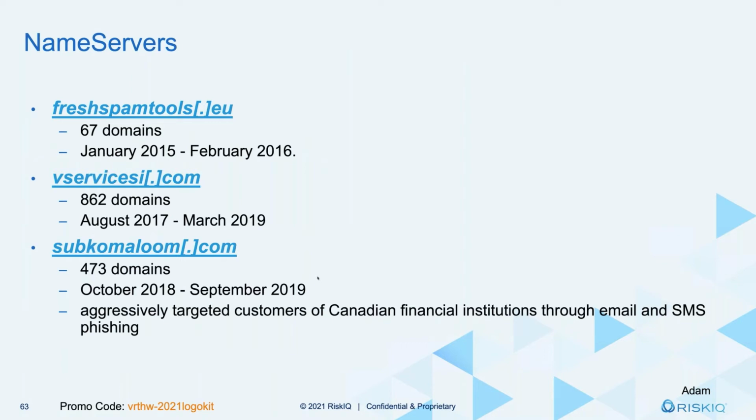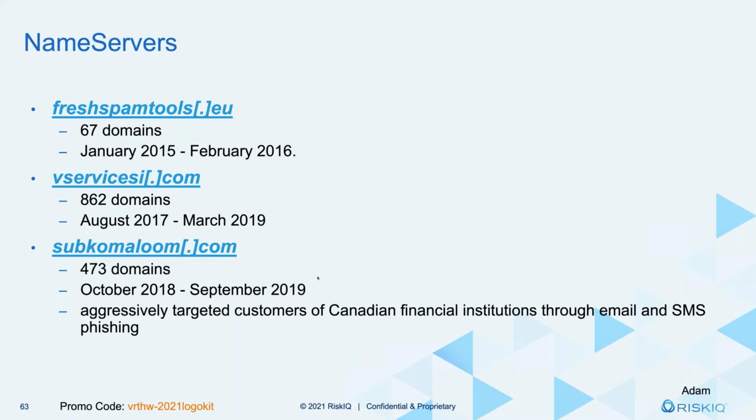And again, this was just in more of their YouTube video content advertising a lot of their services. So building on what Jordan had mentioned, we noted that this particular group of actors is using their own name servers. We saw freshspamtools.eu as a name server hosting 67 domains between January 2015 and February of 2016.